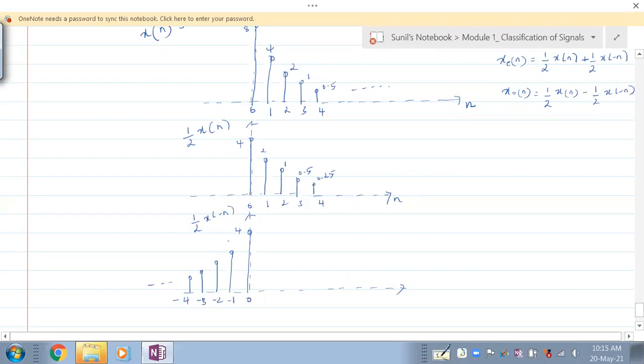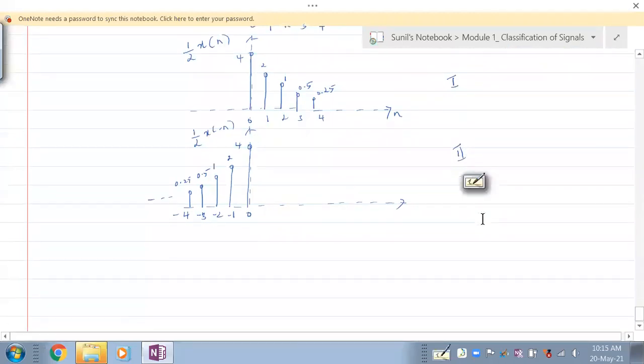This is 4, 2, 1, 0.5 and 0.25. So you have two signals now. Let's call these two signals our first signal and second signal. Fine. So what is our x even of t to begin with?